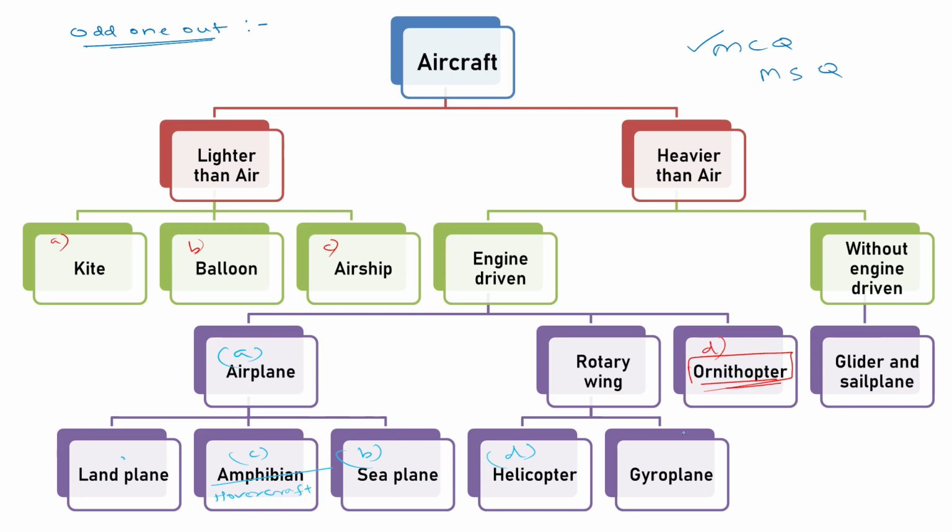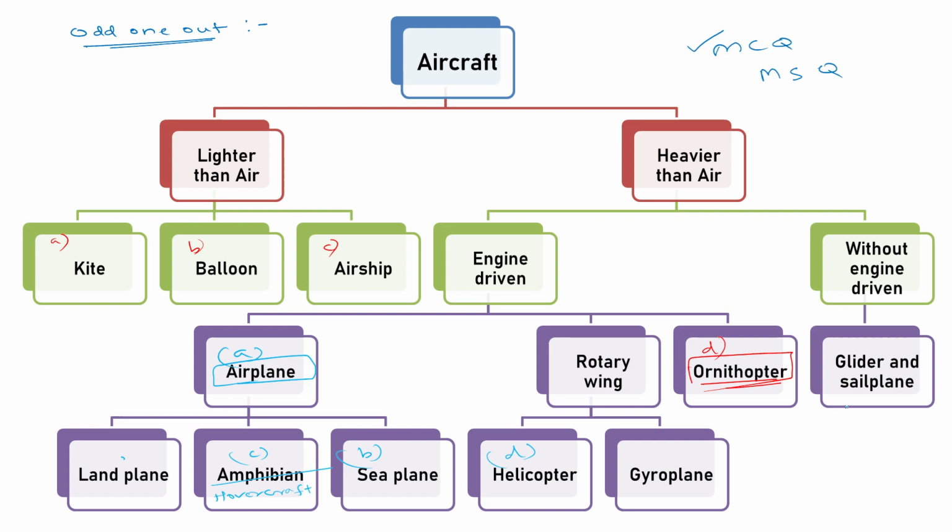Which among these is going to be the right option? Airplane. Because seaplane, helicopter or hovercraft are part of the airplane family. Very good. You should be alert with this nomenclature. So here the right option is going to be the airplane.